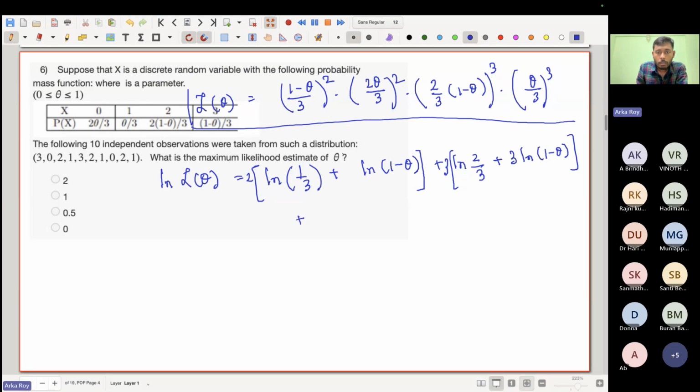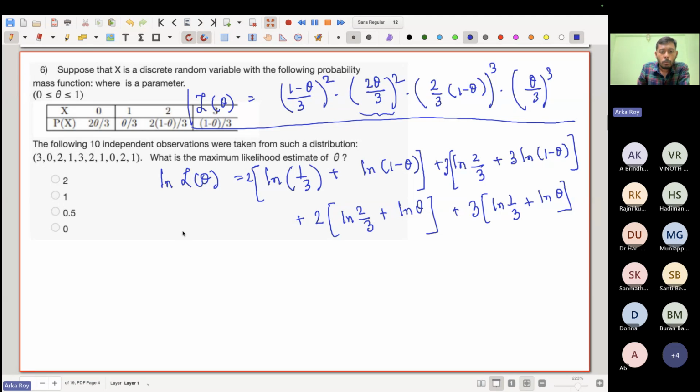Okay, I think I have missed this particular term. So this term would be 2 ln 2 by 3 plus ln theta. And then this is the last term: 3 ln 1 upon 3 ln theta.